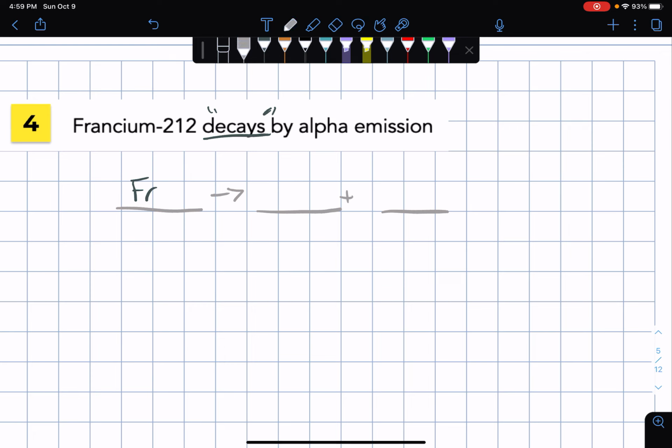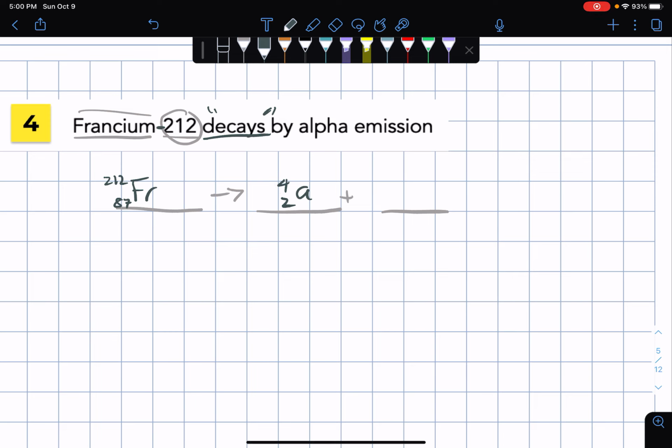By the way, this is the name of the element, and whatever number is written beside it, separated by a dash, would be the atomic mass. In the periodic table, francium is 87, and if we put alpha emission or alpha decay, the symbol would be like this, right? And 212.